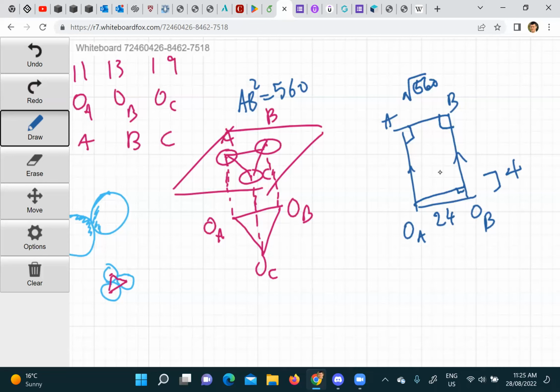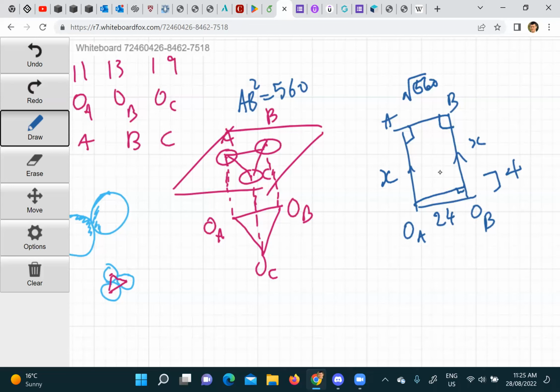But when you do that, it makes one of the lengths easier to calculate. Like AOA will just be the radius of the sphere. So I did 11 squared minus x squared, where x is AOA, and then I let the other one be x plus 4.